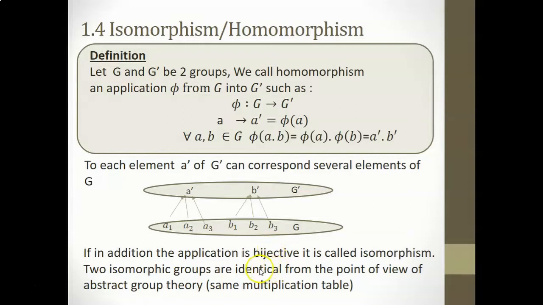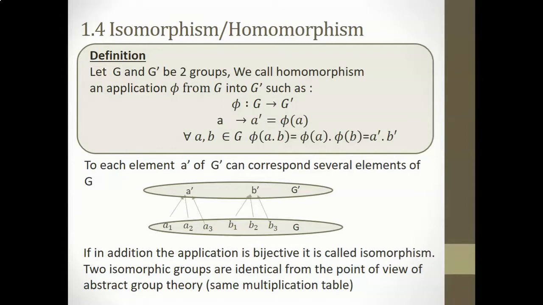If the application is bijective, it is called isomorphism. So two groups that are isomorphic have the same multiplication table. For example, the group of permutations of three elements and the group of the symmetries of the triangle are isomorphic groups. To each element of symmetry, we can make correspond a given permutation.